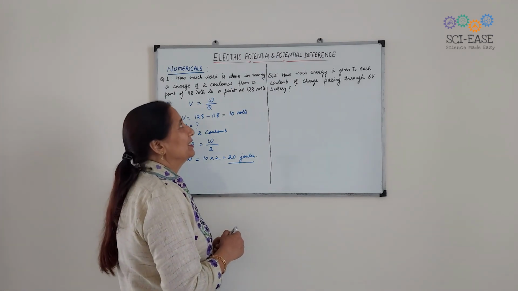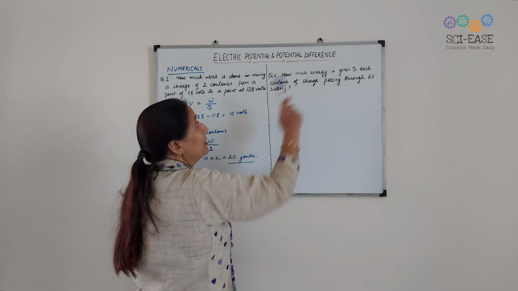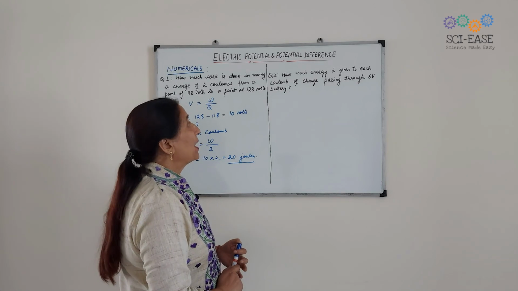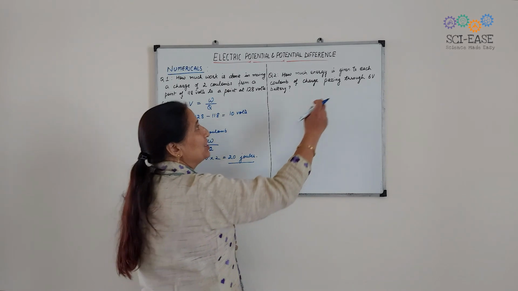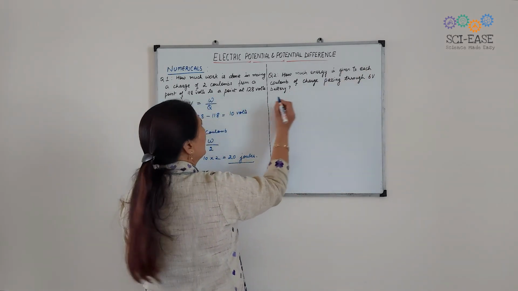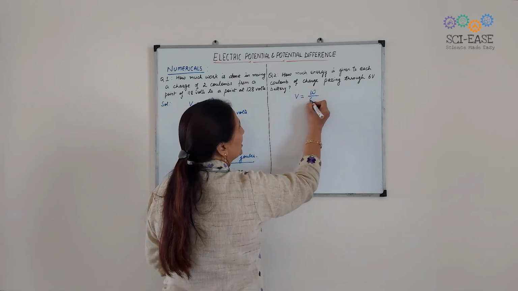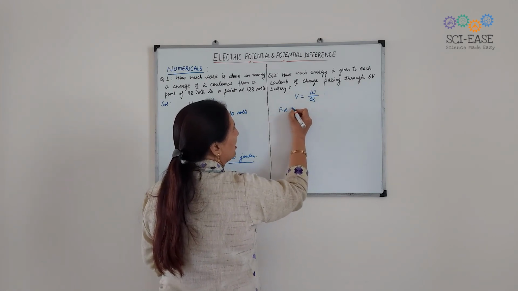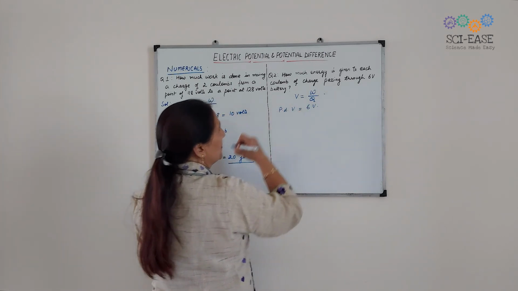Now come to the second numerical: how much energy is given to each coulomb of charge passing through a 6 volt battery? Here the potential difference is given. Again the formula is V is equal to W over Q. Here the potential difference V is given as 6 volt.